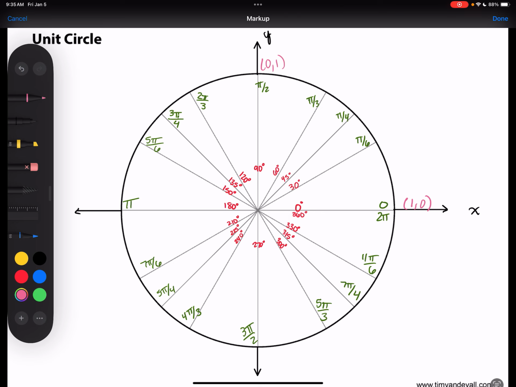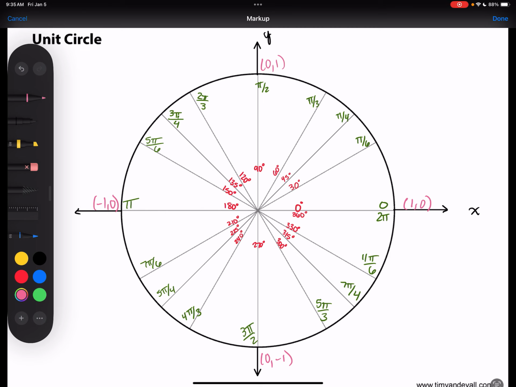Over here is negative 1, 0. And down here is 0, negative 1. So that means all the other values that we fill in are going to be less than 1. Okay, so we're 1 away. That's what the unit circle is, 1 unit is the max radius of the circle away.